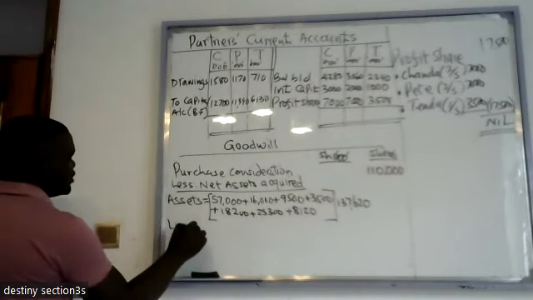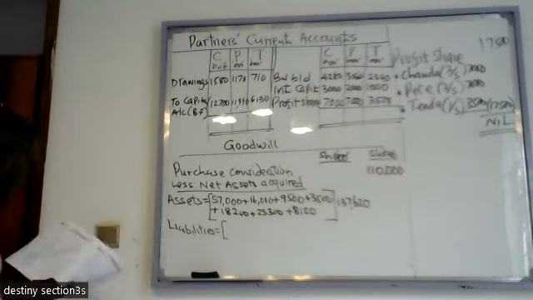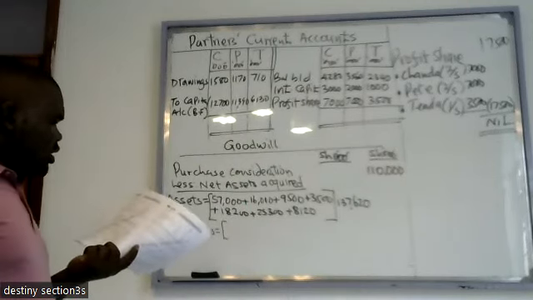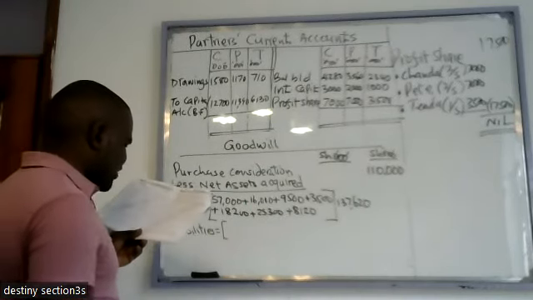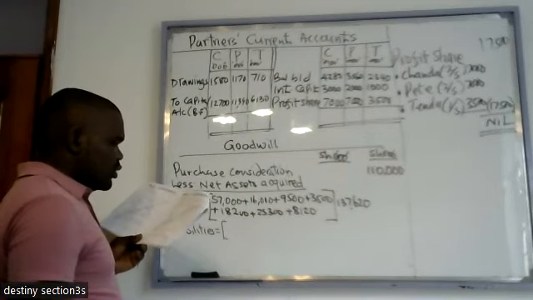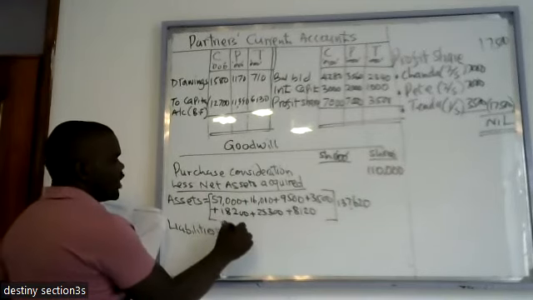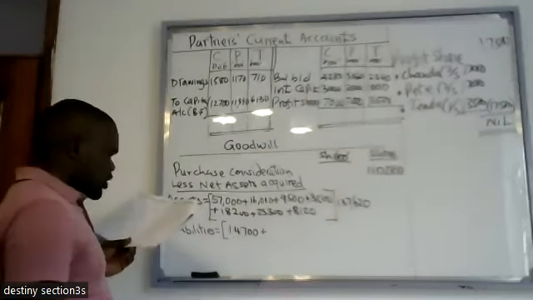Liabilities, you bring the liabilities taken over. They said as well that liabilities were taken over at book value. The first one I'm seeing is trade payables, 14,700.